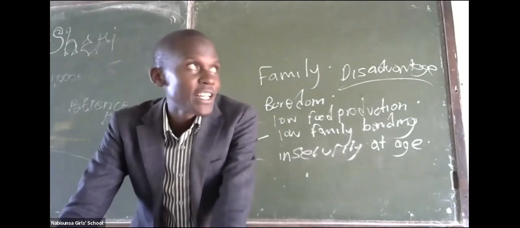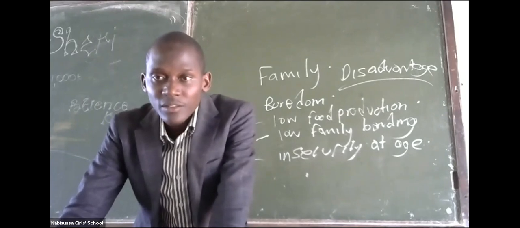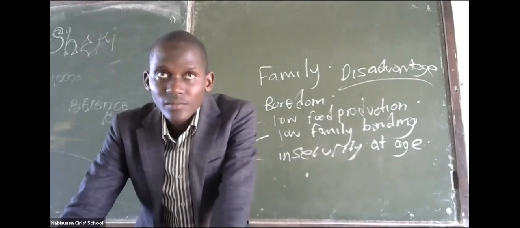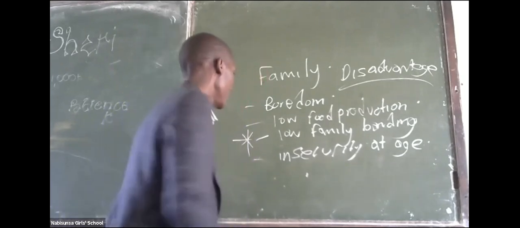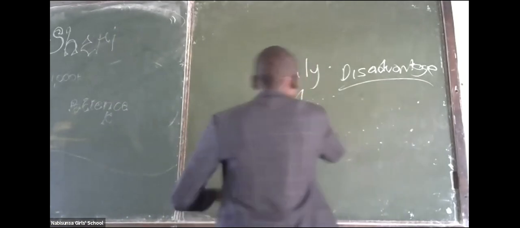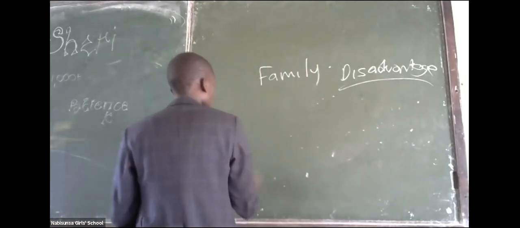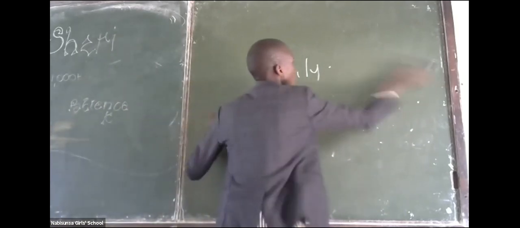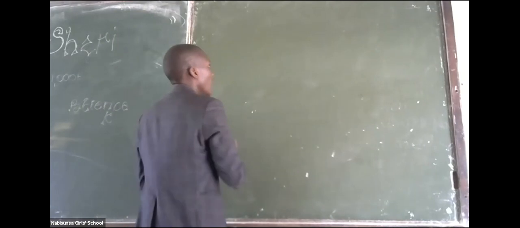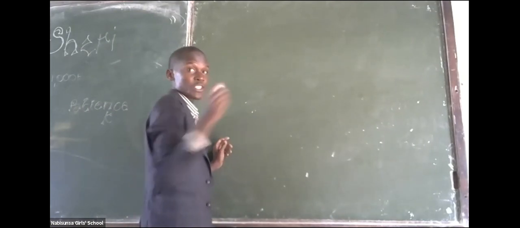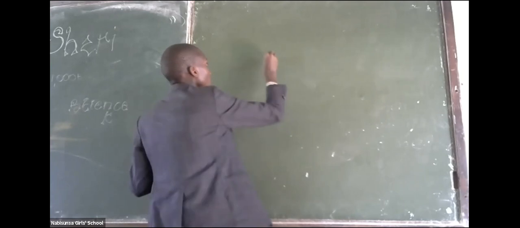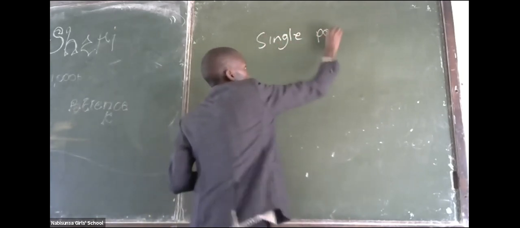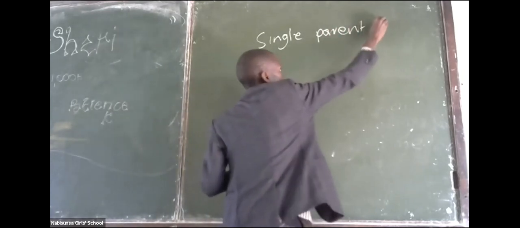Yes, we have here Josephine. Josephine, what do you have? She has said that this is the family we are looking at. Let me write on the blackboard so that people can capture. As you write in the chat room, because when I finish here, I'm going to lock it. We are looking at a single parent family.